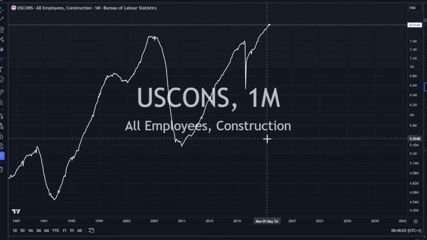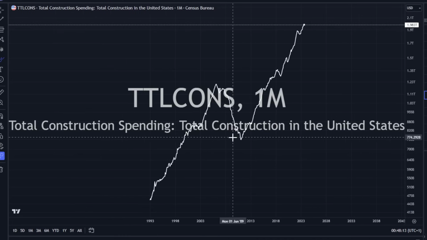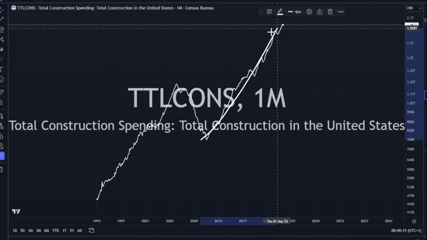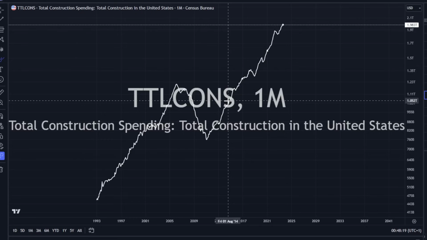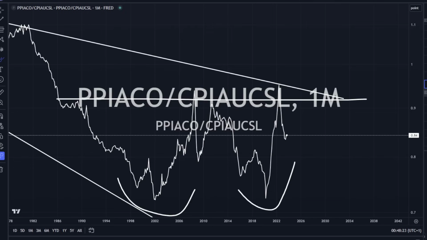So this crash isn't being driven by the construction cycle. It's still looking good. Here's total construction in terms of spending, which is continuing to go up. Hasn't turned over. So a lot of the data that I look at, it hasn't turned over, at least not yet.